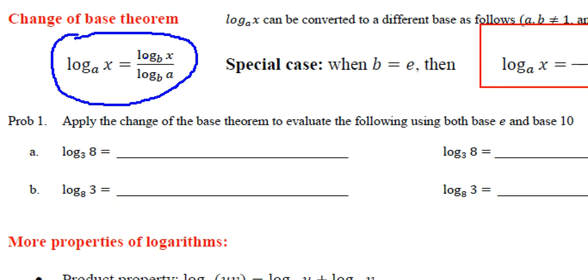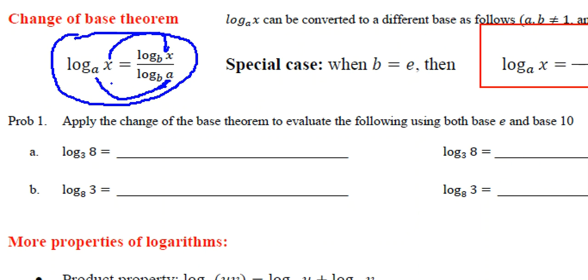The top is log base b of x, the bottom is log base b of a. You do see that x goes on top, a goes to the bottom. That's the pattern that you see. And this b is any number as long as it's greater than 0 and not equal to 1.